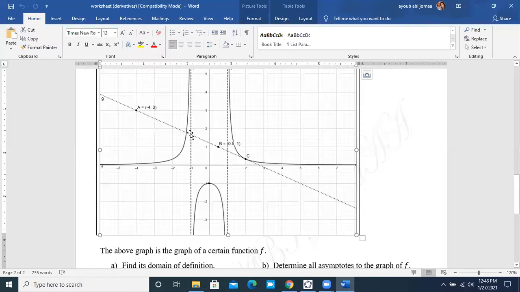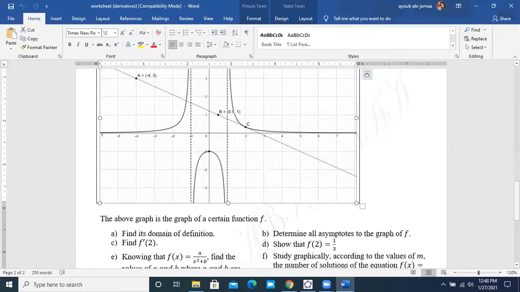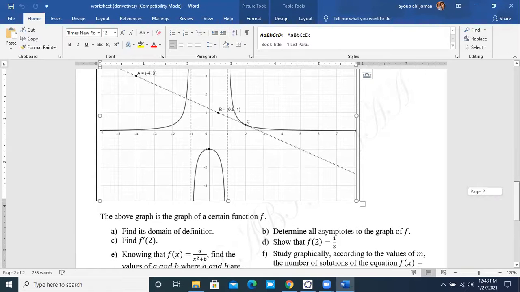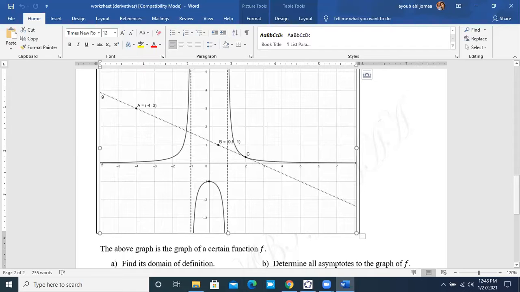If it were an oblique asymptote, then the graph would be very close to this line at -infinity or at +infinity, which is not our case here. In fact, this line is the tangent line to the graph at point C. Right? Clear?